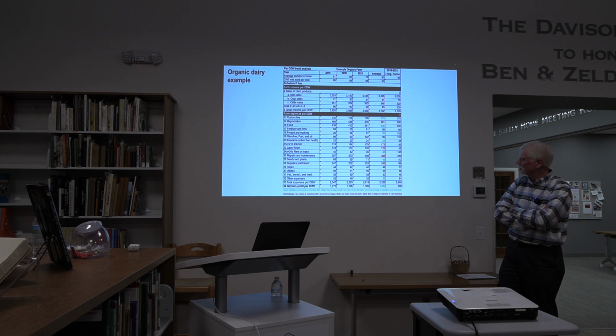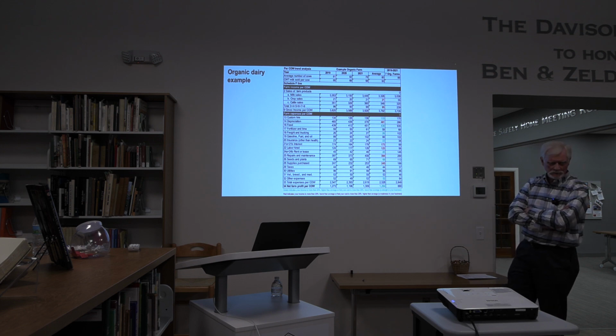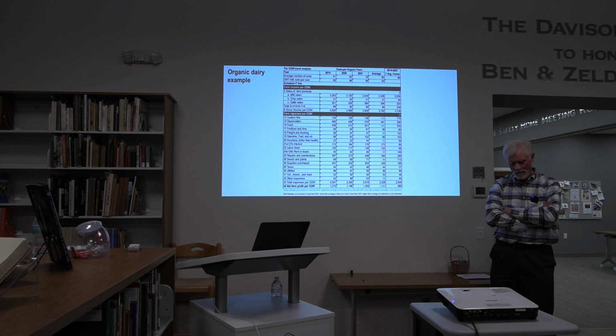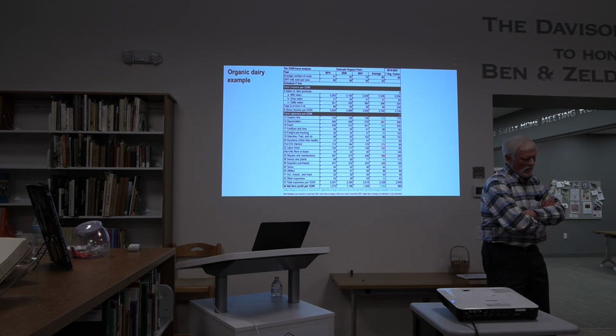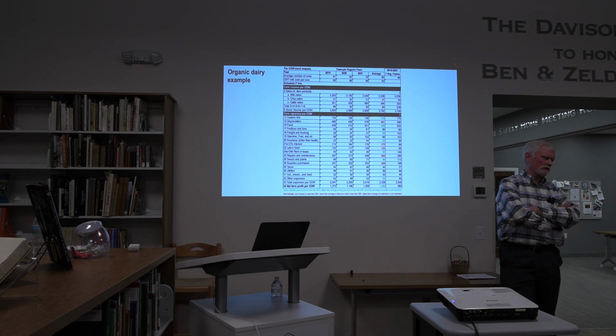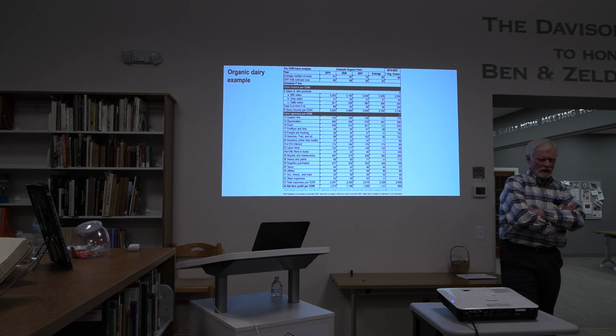So, I have a question. Any questions? Translate to horses, because with horses, it's not a per animal production value. They all are doing different things. Horse operations are difficult. There's different ways of doing the analysis.